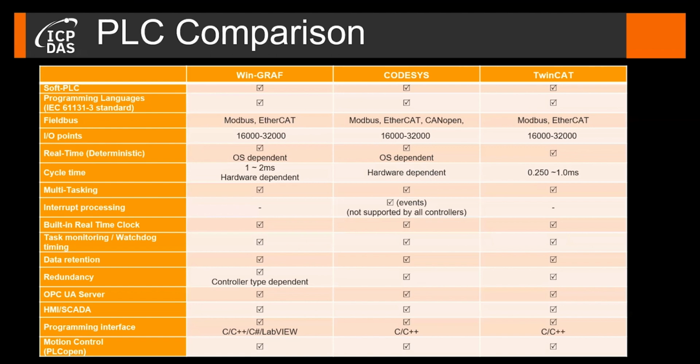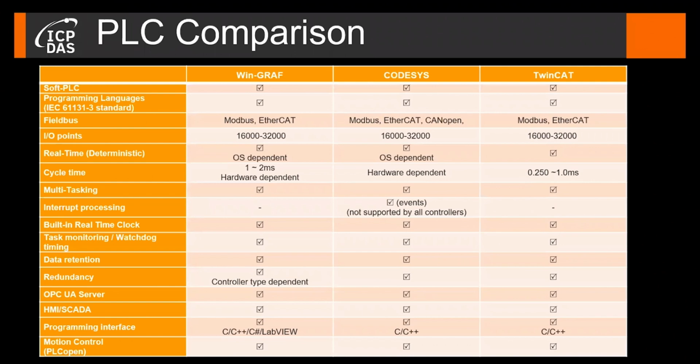In addition, because the runtime runs on the PC, it does not just run the PLC logic, but also various applications in parallel. So, for example, web server, HMI, and OPC server all run in parallel with the PLC application on the same Windows PC or Linux PC platform.